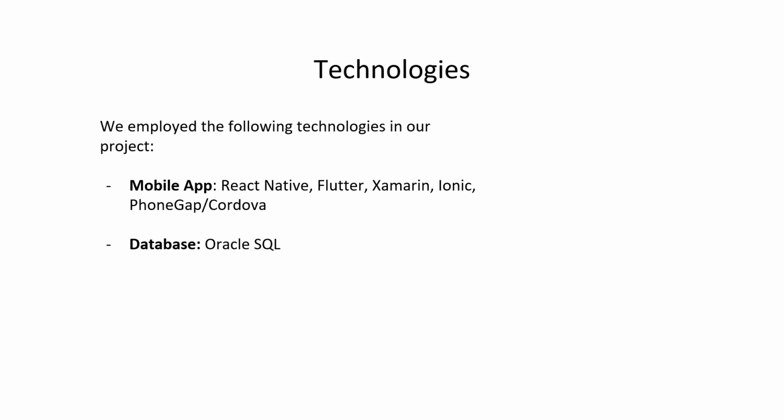Also, Xamarin, because it's a technology that will allow us to build native apps for multiple platforms using C# code. Ionic, we want to use it as well because it's a framework built with Angular and Cordova. Those are some of the frameworks we're planning to use.